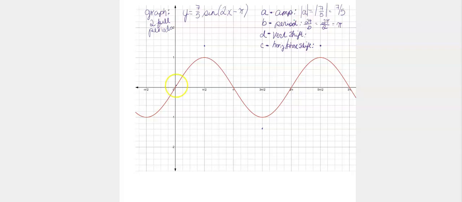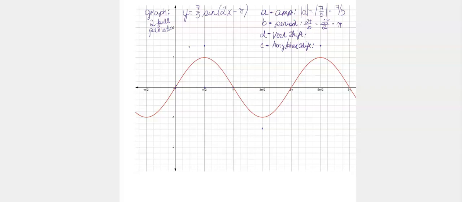So I would have it at 0 all the way to pi. Halfway through is pi over 2, and halfway between pi over 2 and 0 is pi over 4, which would be where my amplitude would be up there.